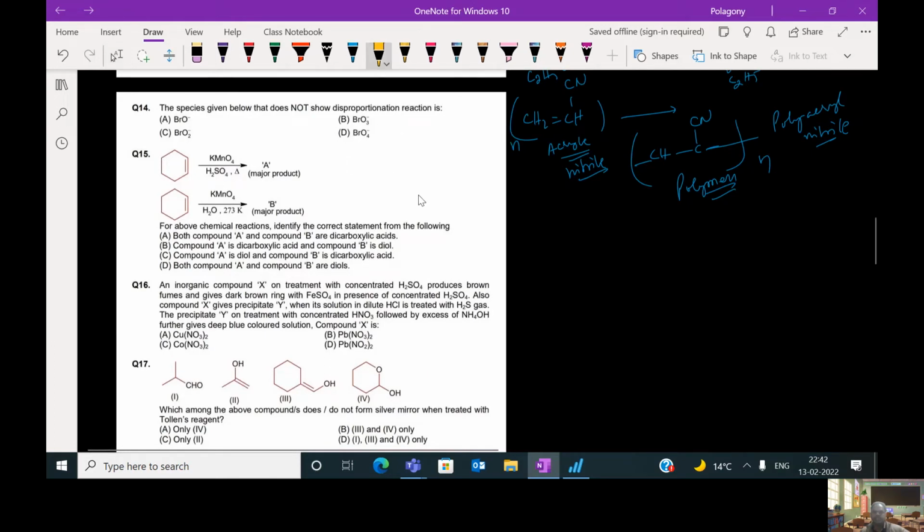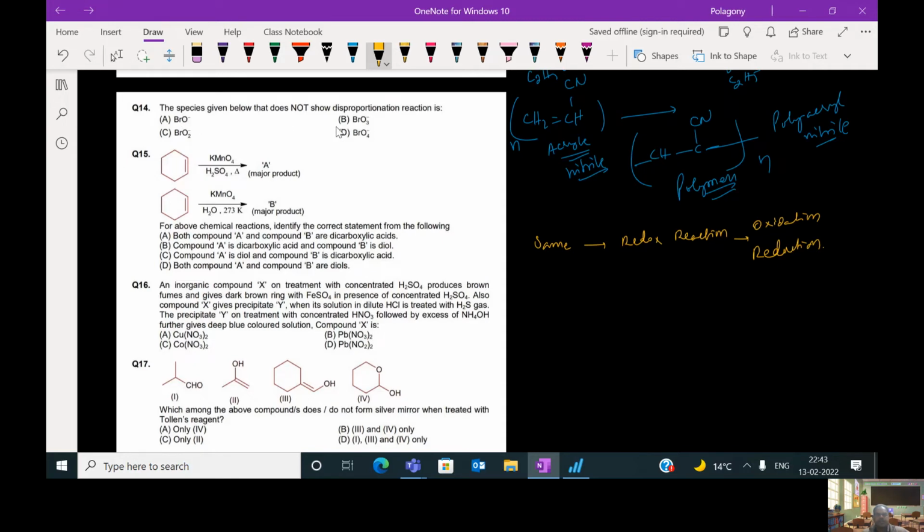So what is a disproportionation reaction? It means the same compound or element undergoes a redox reaction, meaning it undergoes oxidation as well as reduction. So here the question is which species does not show a disproportionation reaction.